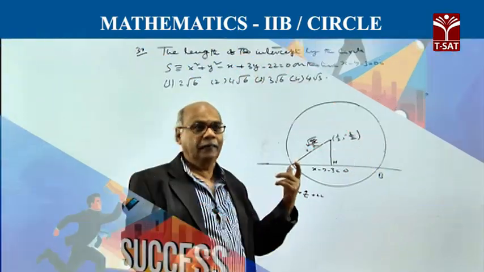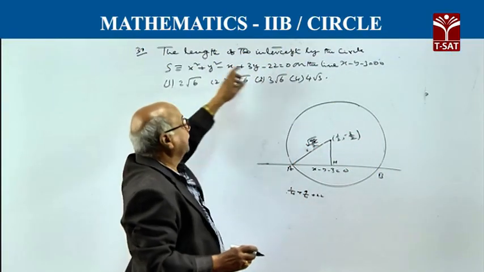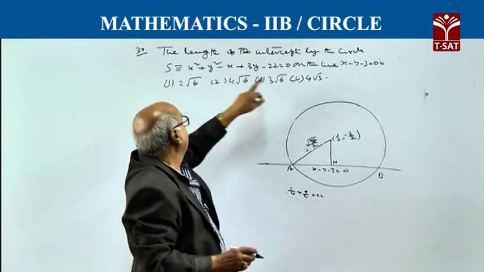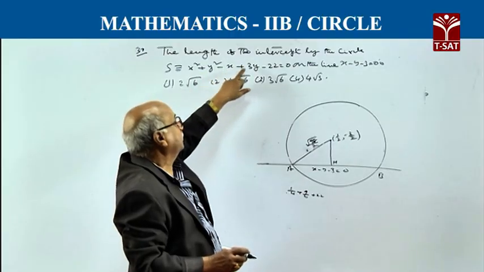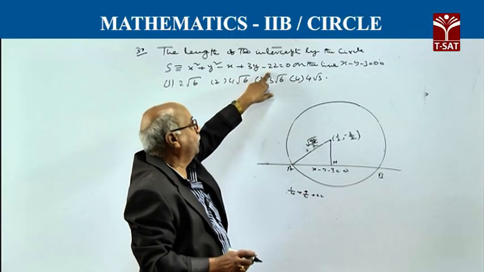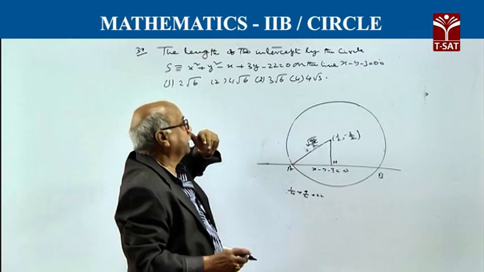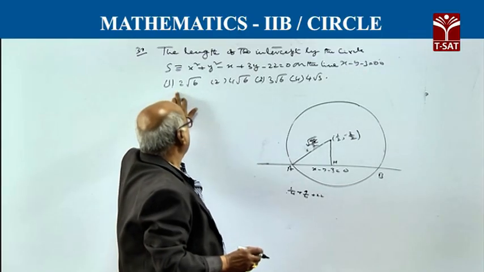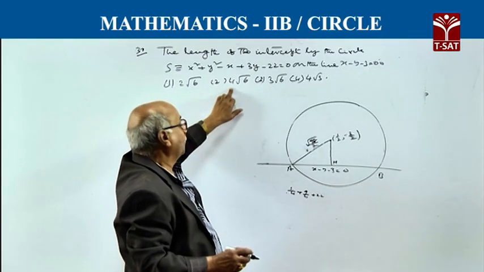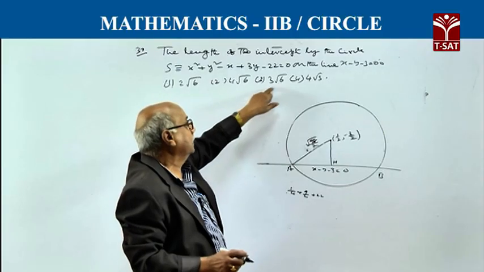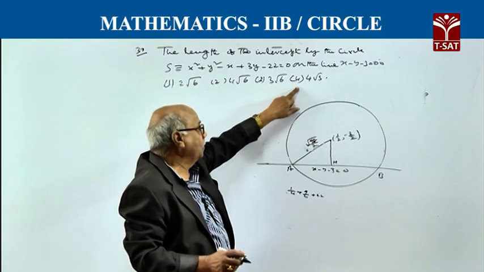Problem number 30. The length of the intercept of the circle x square plus y square minus x plus 3y minus 22 equal to 0 on the line x minus y minus 3 equal to 0 is, options: 2 root 6, second option 4 root 6, third option 3 root 6, and fourth option is 4 root 3.